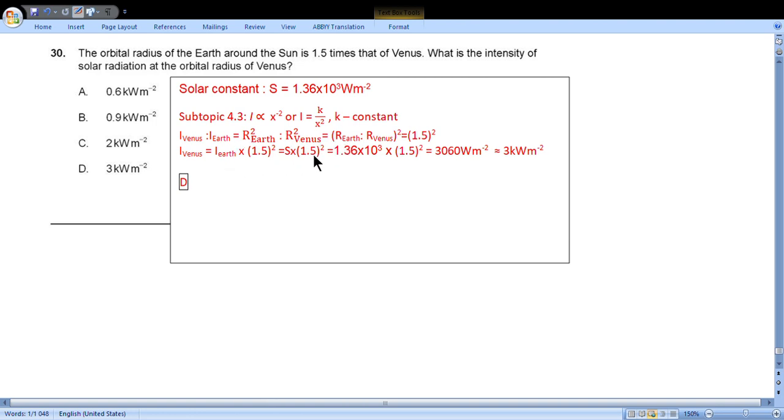We can simplify it by putting the square outside, and we put here 1.5. So Venus is closer by 1.5. Then we rearrange this for E Venus. So E Venus will be E Earth, which is the solar constant, times 1.5 squared. So we multiply, we get choice D.